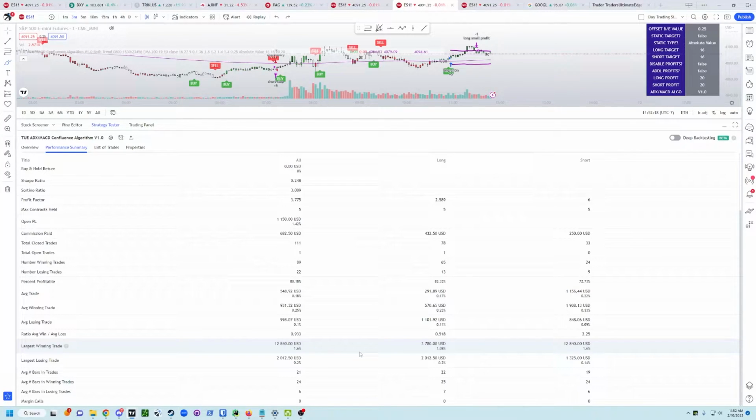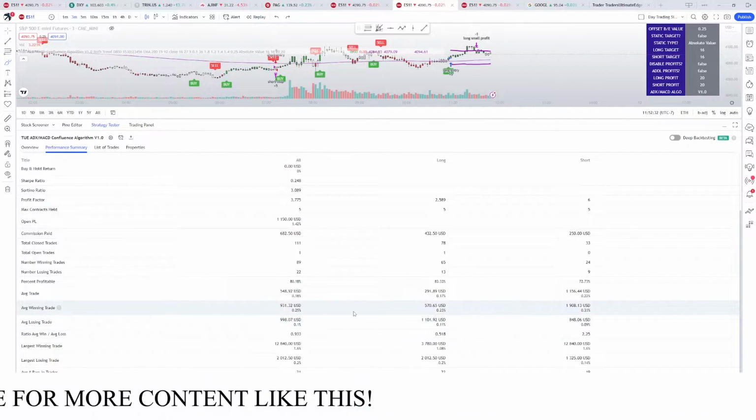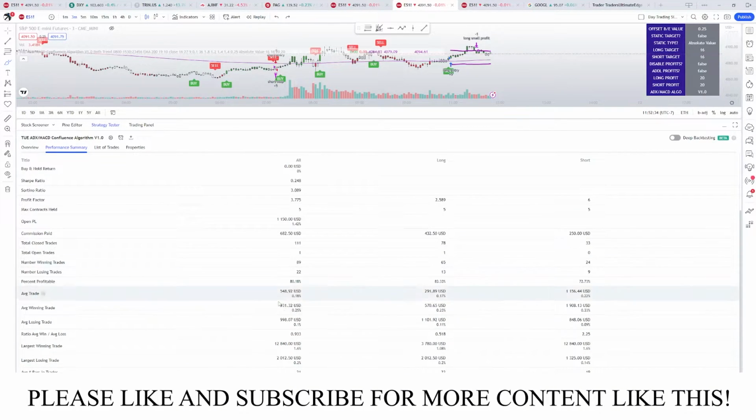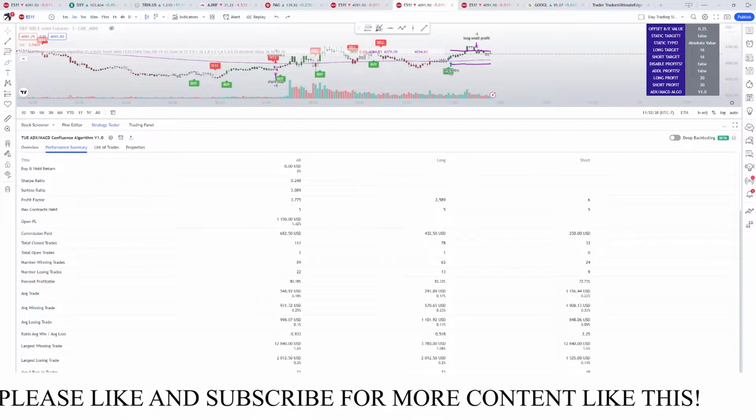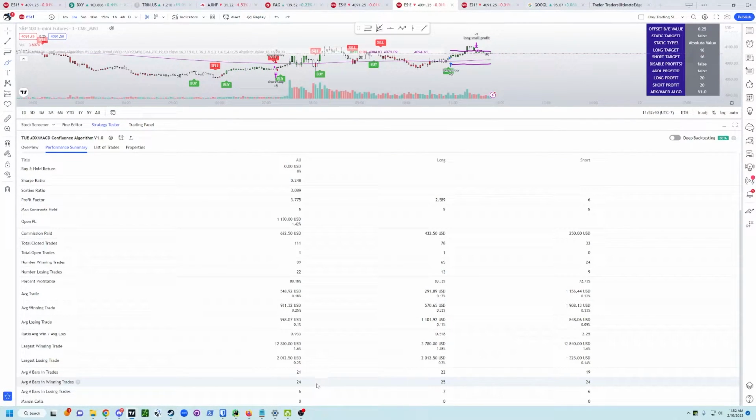So a lot of things go into making a successful algorithm, a successful trading strategy. It's not quite all as it appears right on the surface. So looking down into some of this stuff is very important. And this is one of the most important things here: average bars in winning trades, average bars in losing trades.